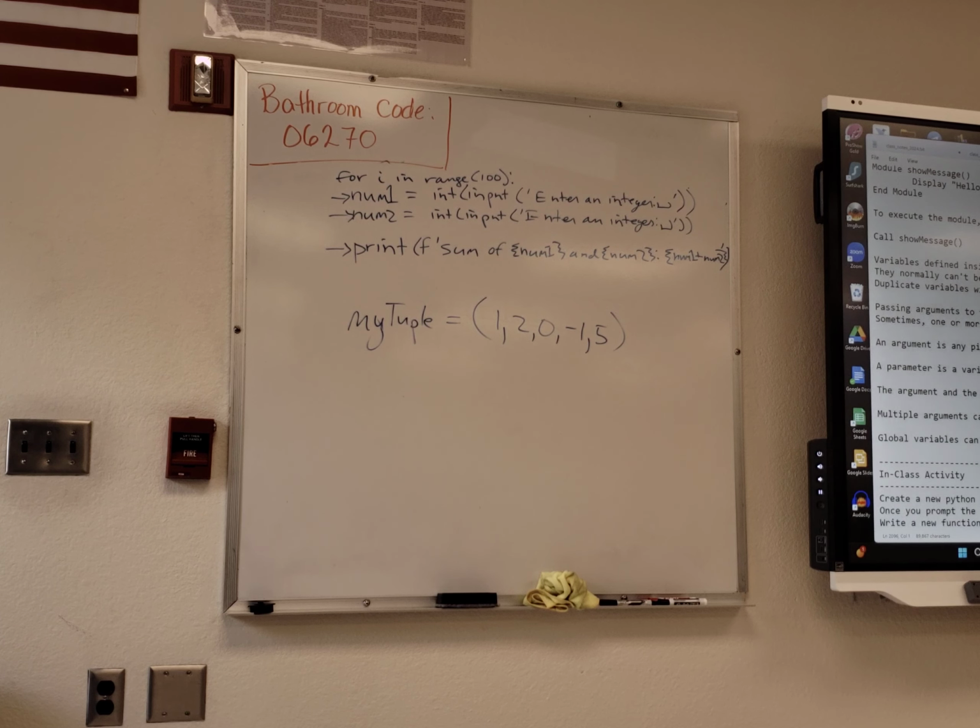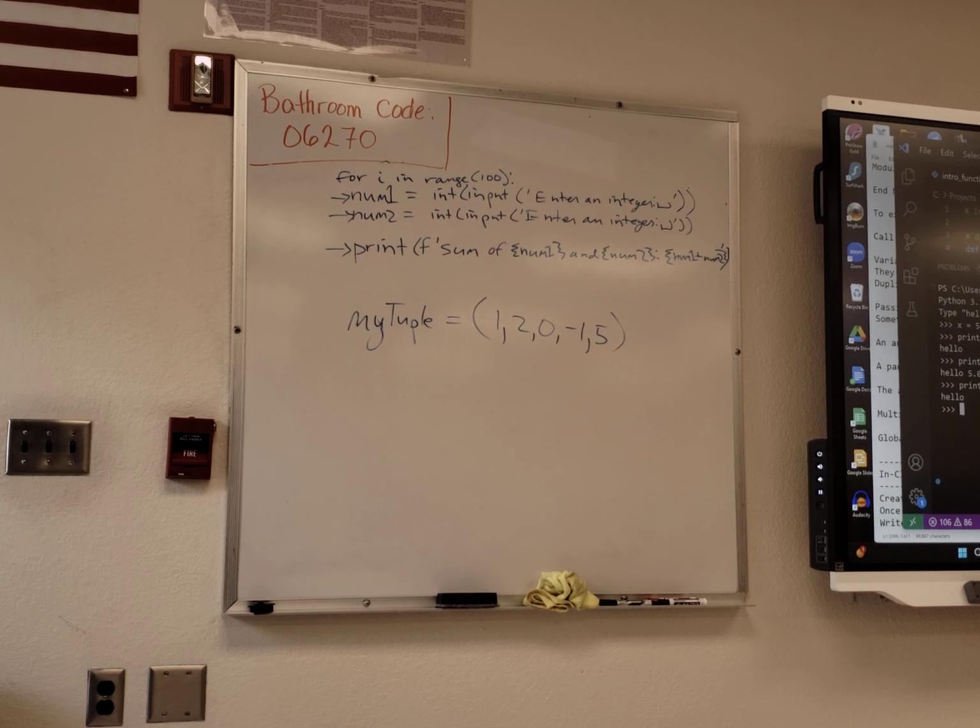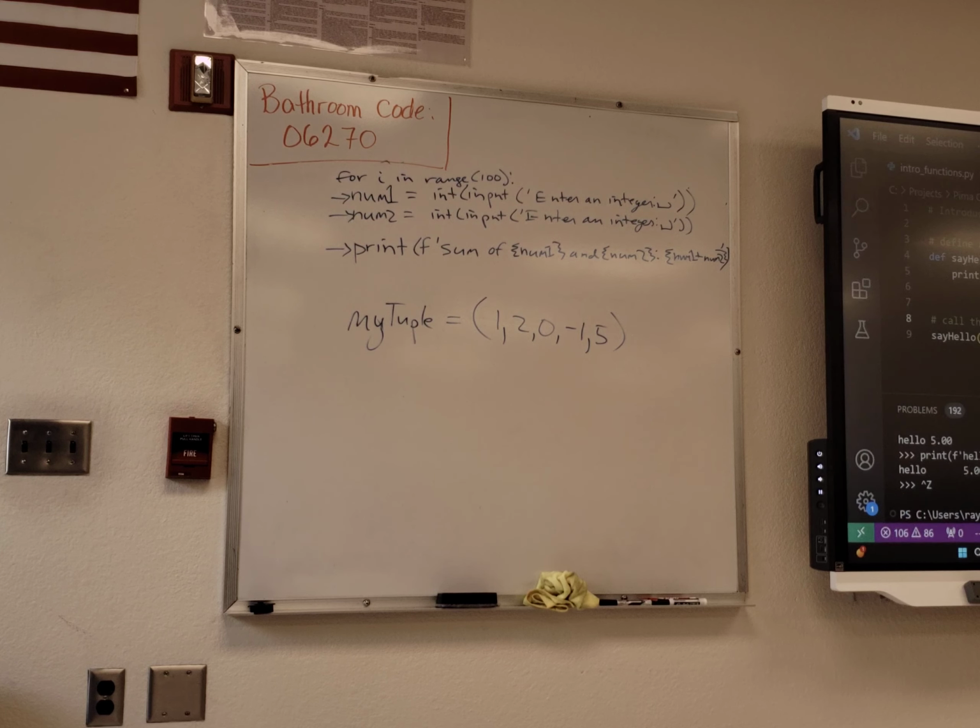So let us write a function. Let me show you how to write one in Python. It's a little bit different, but not much. Okay, let me make this a little bit bigger for you. Okay, so I've written a program called intro functions, right here.